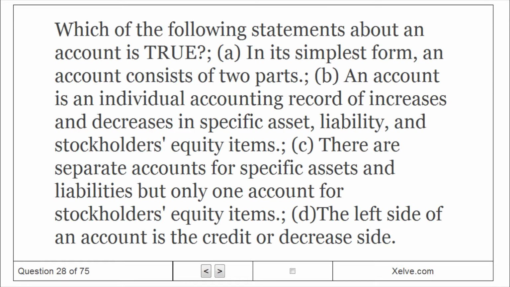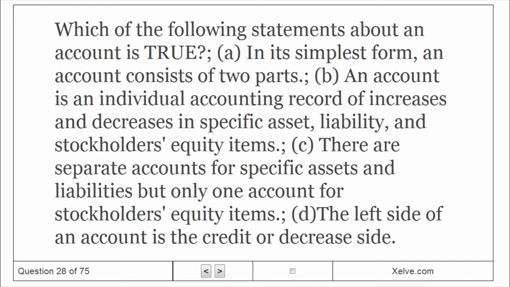Which of the following statements about an account is true? In its simplest form, an account consists of 2 parts. An account is an individual accounting record of increases and decreases in specific asset, liability, and stockholders' equity items. There are separate accounts for specific assets and liabilities, but only one account for stockholders' equity items.